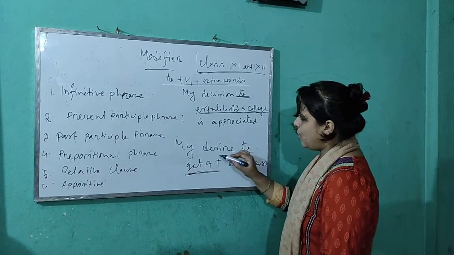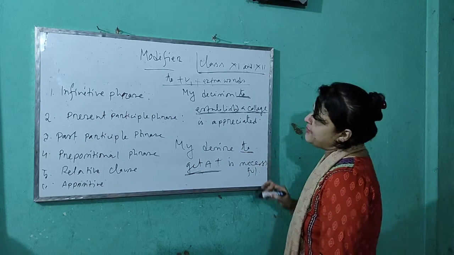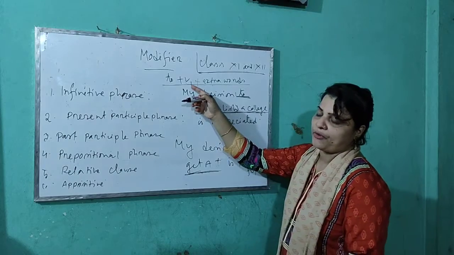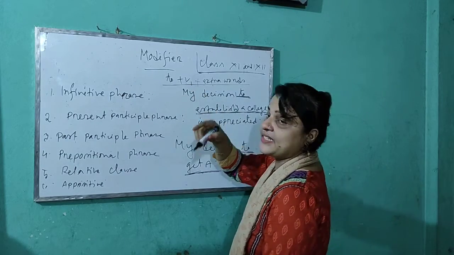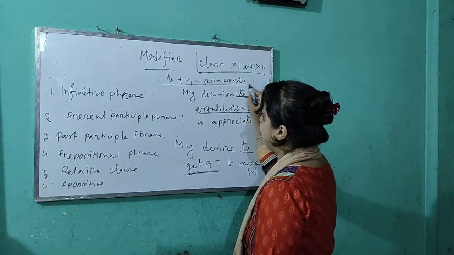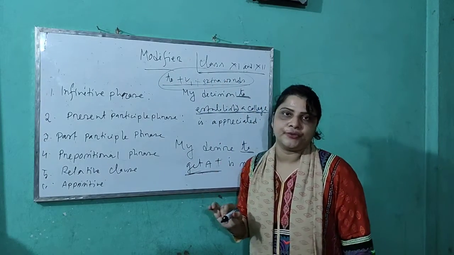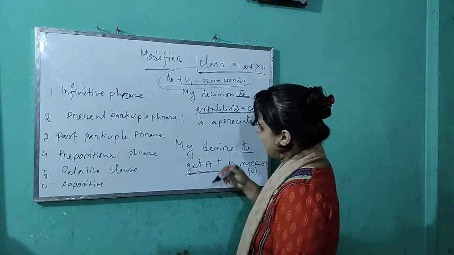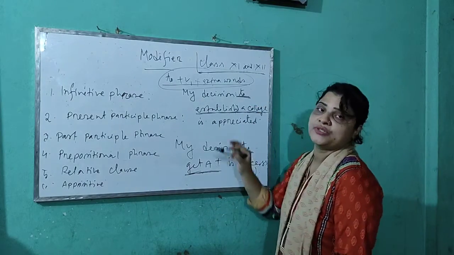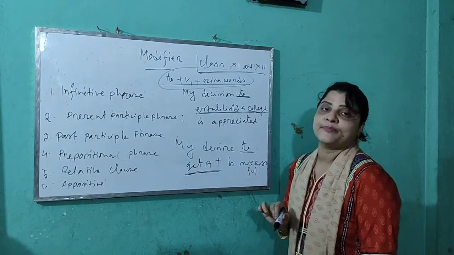So infinitive phrase means to plus verb 1, verb 1 meaning the base form, the present form of the verb, plus extra words. This is called infinitive phrase. Is it clear to you? Like this you can make infinitive phrases. An infinitive phrase is always used as a post-modifier.